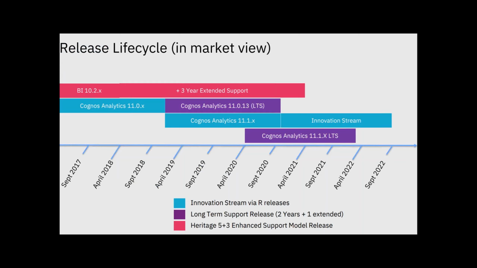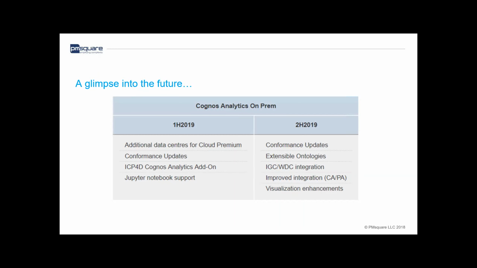It's important to understand the way this is going now is we're going to have a lot of rapid releases, but there will always be what's called a long-term support release for you to stay on if the rapid release schedule is something that you're uncomfortable with. And then, when the next long-term support release comes out, you can maybe move directly from one long-term support release to the other if that's something that you were interested in.